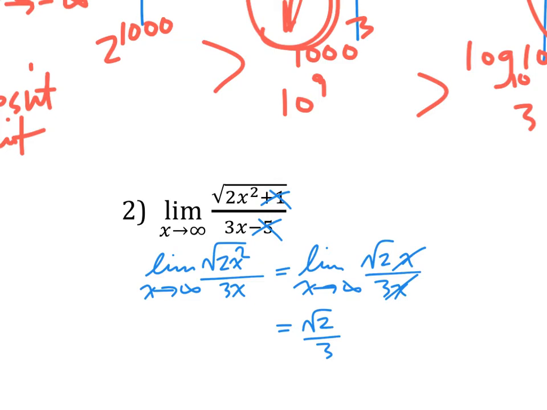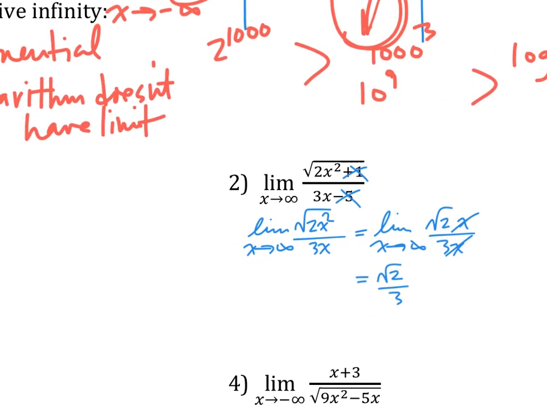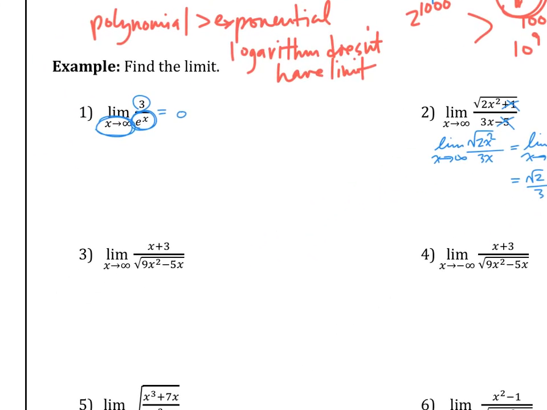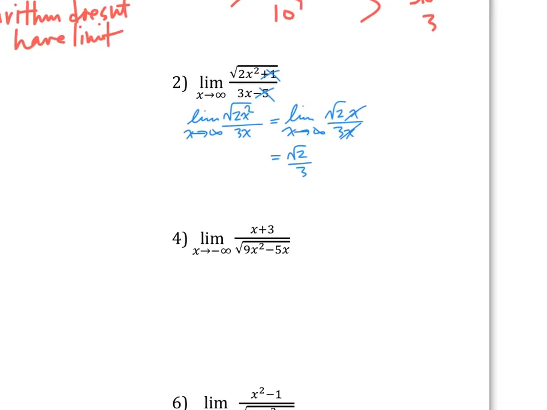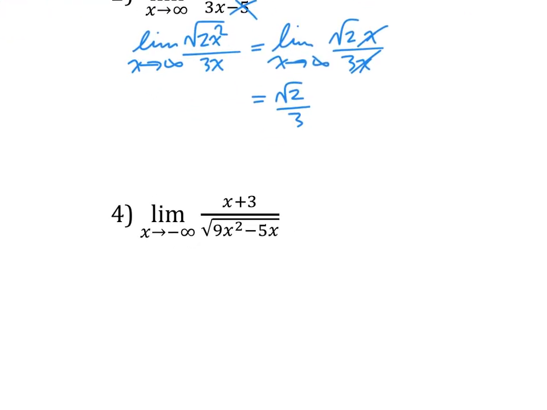Now I'm going to show you a case when x is going to negative infinity, and that is something different. Let's try this one. When x is going to negative infinity, again, you look at the individual functions in the numerator or the denominator, and then you ask yourself which one is going to dominate in the long term. And we say long term because x is going to negative infinity. So this 3 is irrelevant.